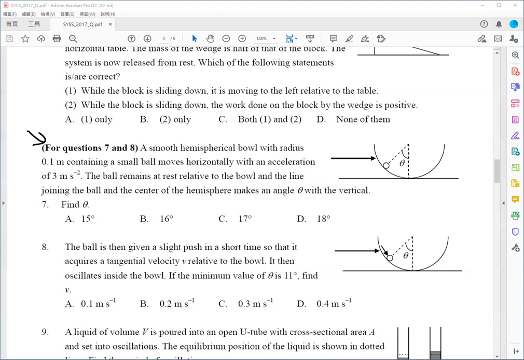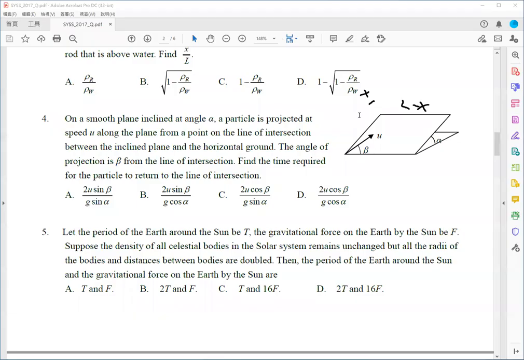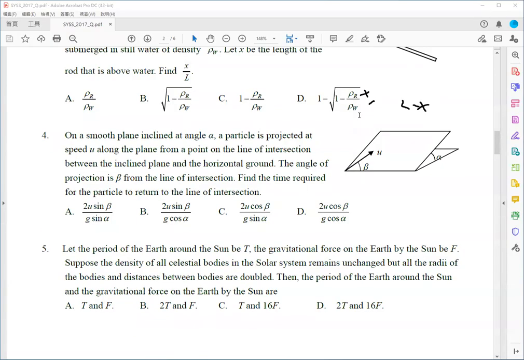Okay, three of you all chose different answers. Send it to me. You may need to do some revision on the topic of force.